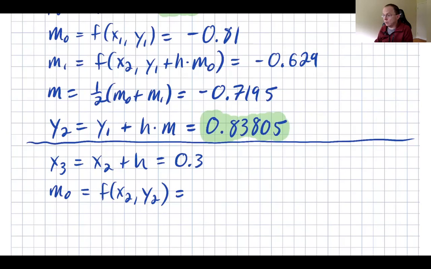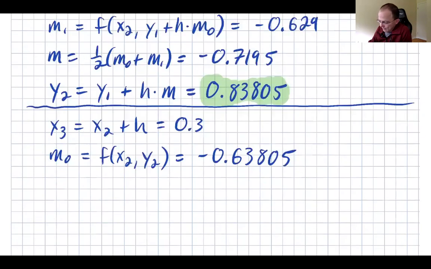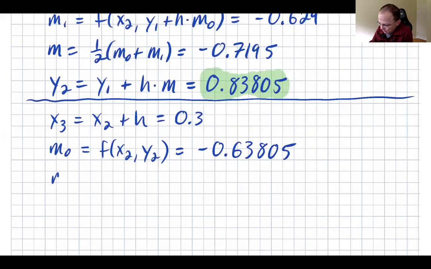Let me make sure I've got the right values. Yeah, okay. So the slope is negative 0.63805. And m1 is f of x3, y2 plus h times m naught.